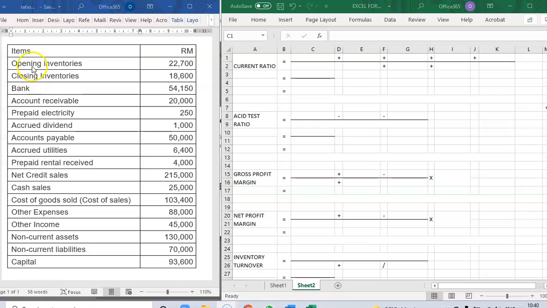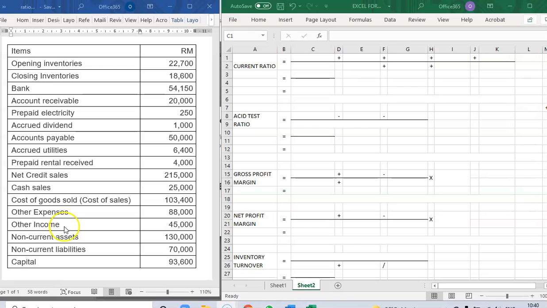You are given the amounts of opening inventories, closing inventory, bank, accounts receivables, and so on, until the capital amount. So these are the items that have been extracted from the financial statements, meaning from your statement of profit or loss and also statement of financial position.